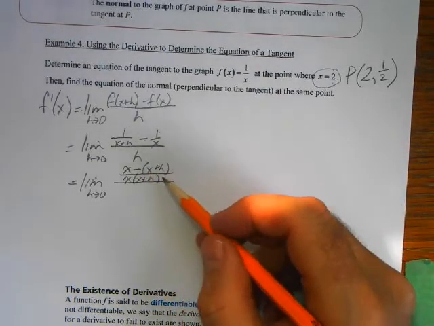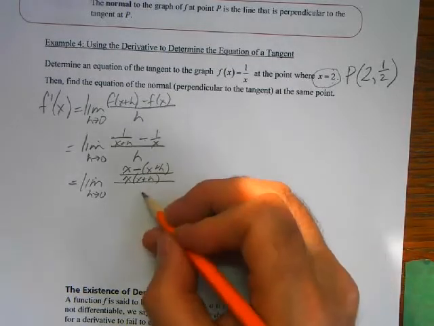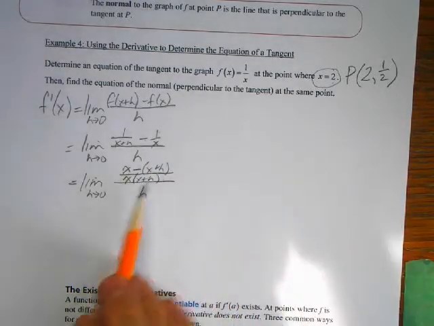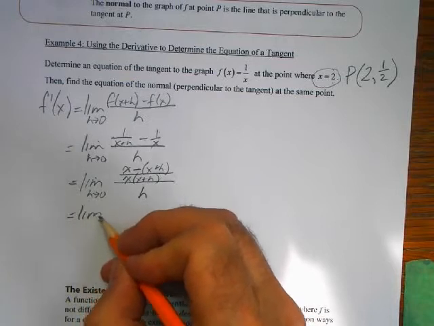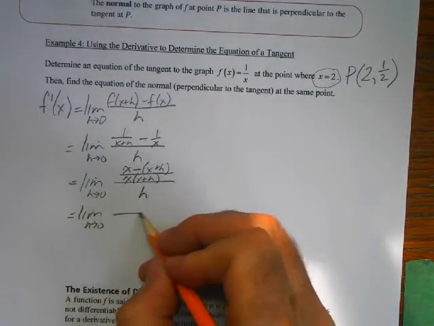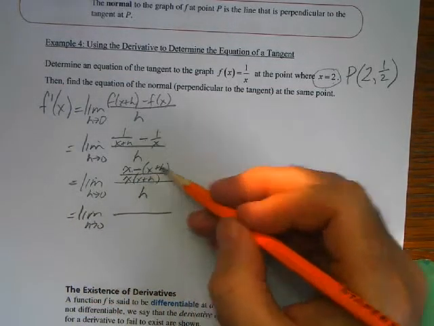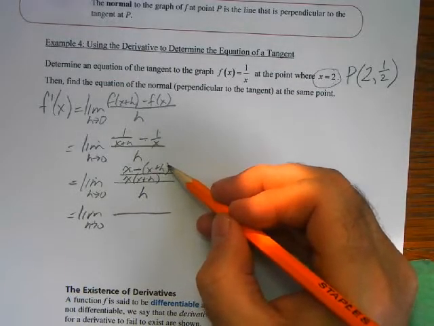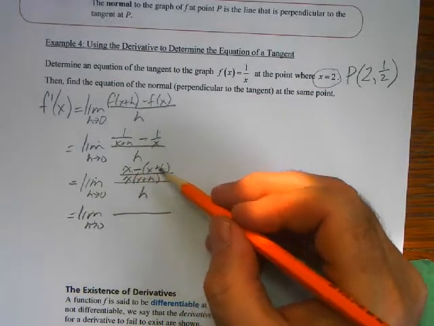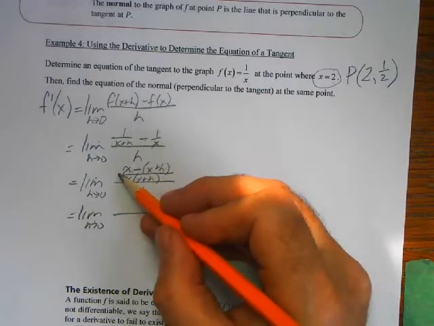So you can see on the top we've got x minus x, and then this h is also minus. So we have x minus h. The two x's cancel, and all we have left is a minus h.